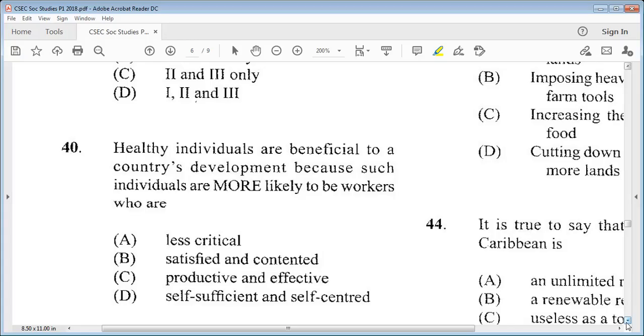So we know that healthy individuals are beneficial to a country's development because the individual is more productive and more effective. So this would be our answer, C. That's how beneficial it is to a country, persons who are productive and who are effective.